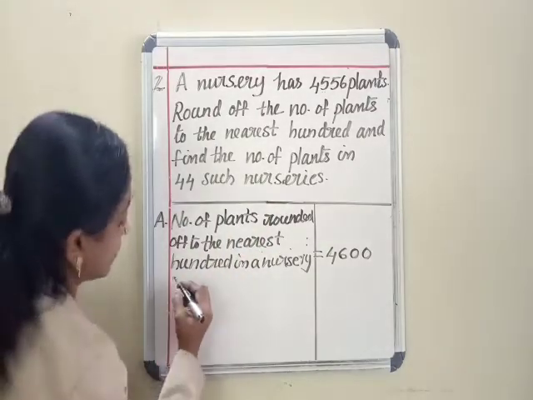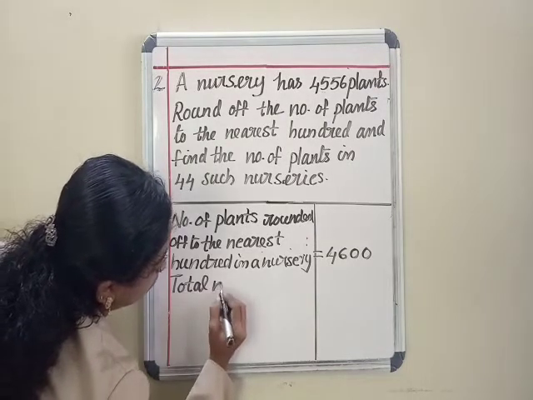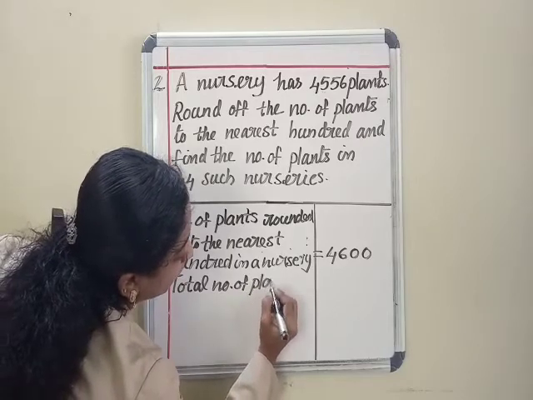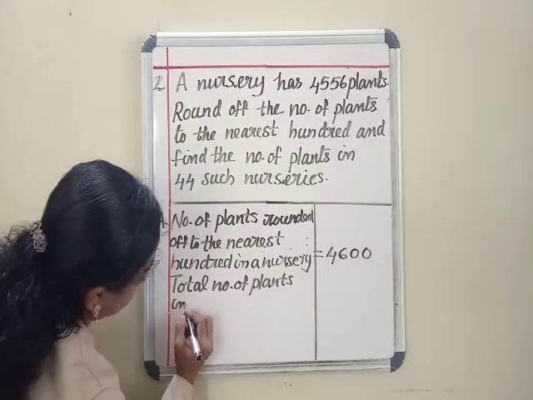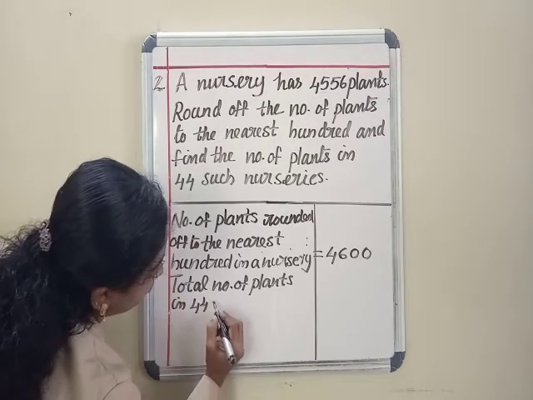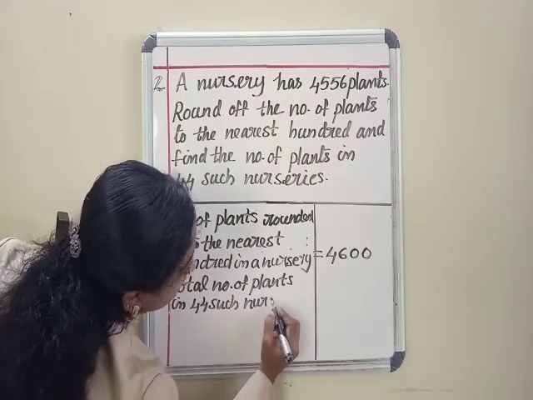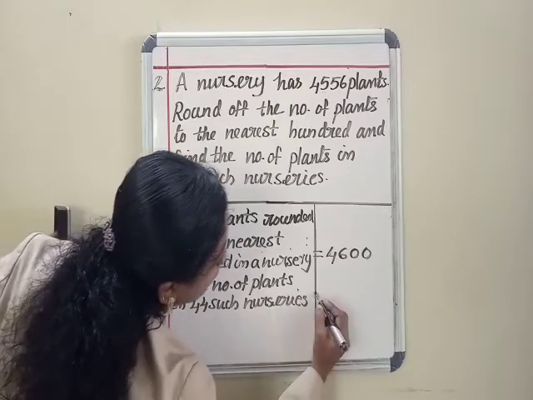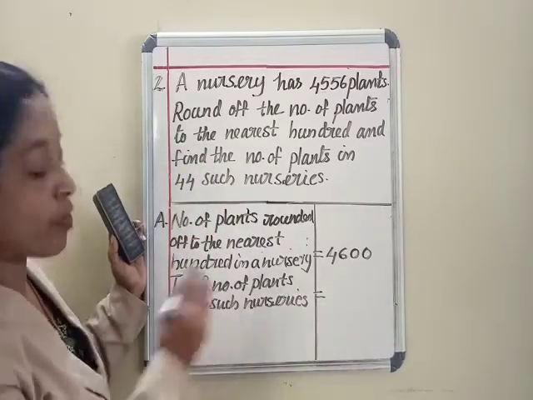Now we can write total number of plants in 44 such nurseries.